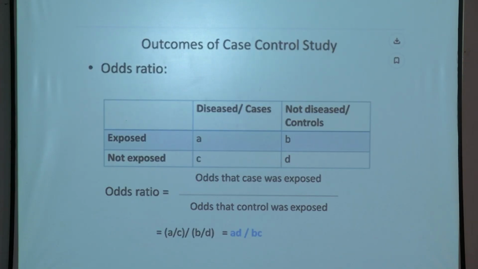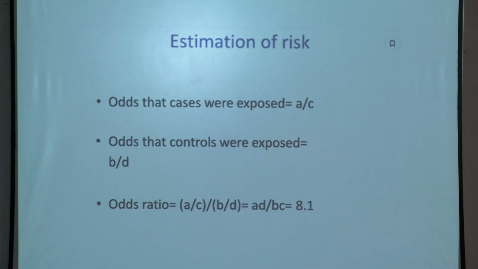The odds that the case was exposed are A by C, and the odds that the control was exposed are B by D. When you do a cross product, it becomes AD by BC. So the odds ratio is AD by BC. Just remember this: AD by BC.